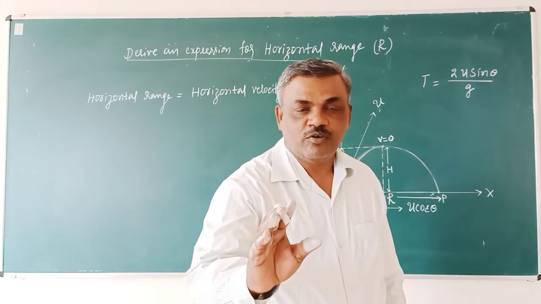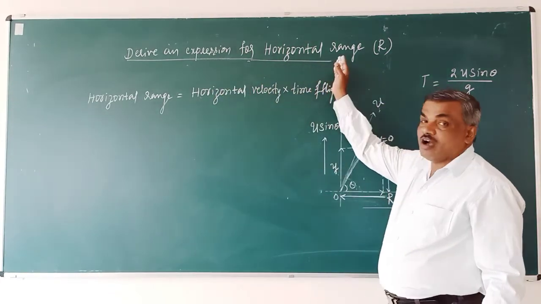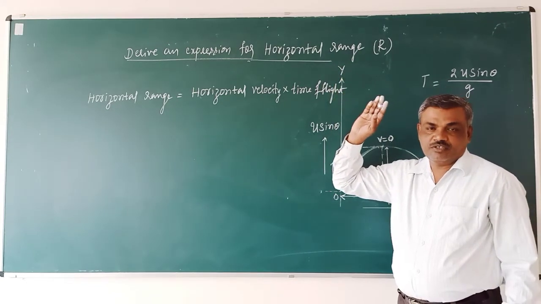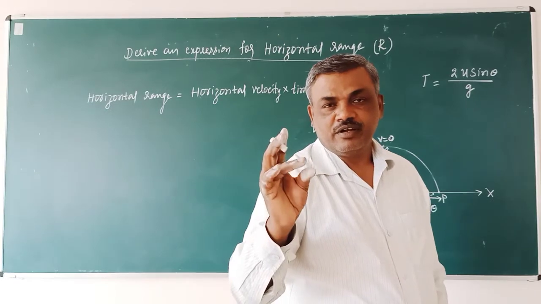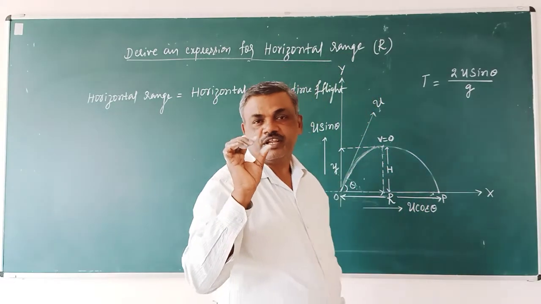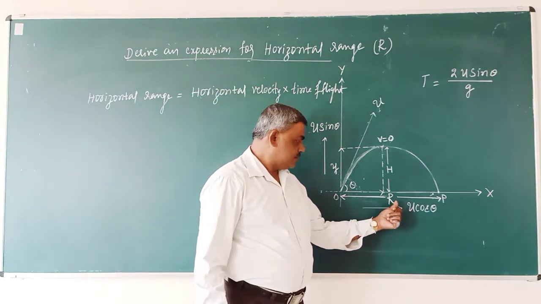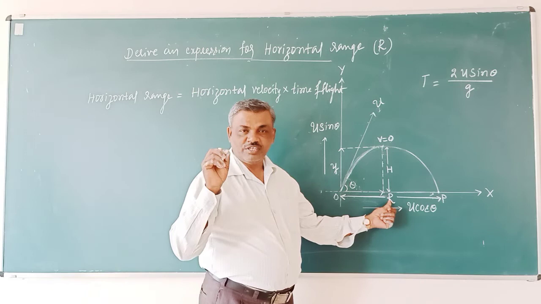One more parameter: derive an expression for horizontal range. Three are very important here, students: maximum height, time of flight, and horizontal range. In the diagram you see this is R, capital R is the range. What is the horizontal range?